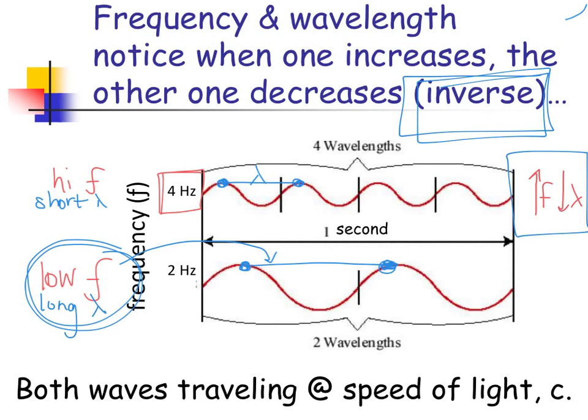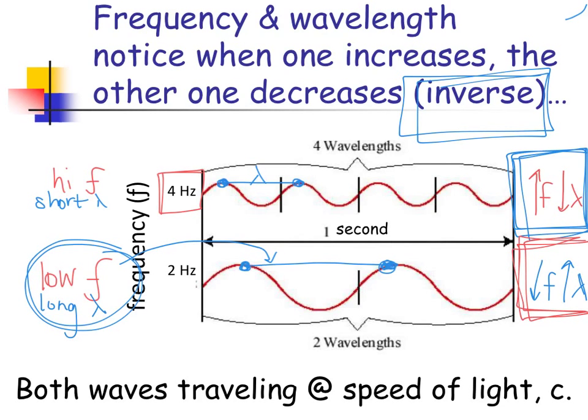I would put this in your notes somewhere. When the frequency goes up, the wavelength goes down. Now what happened in the bottom wave, the frequency went down, so the wavelength got longer and went up. So I would write that in your notes.